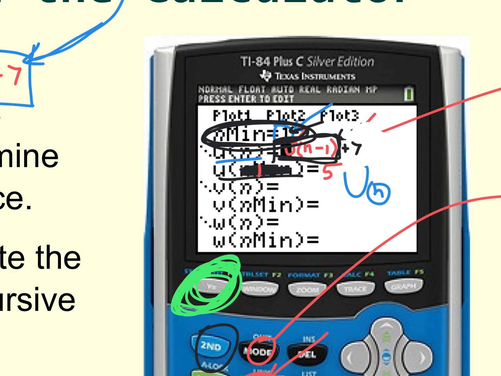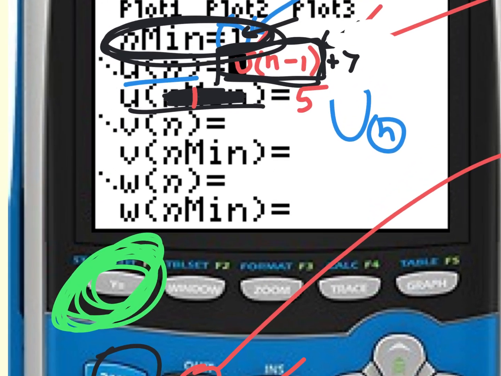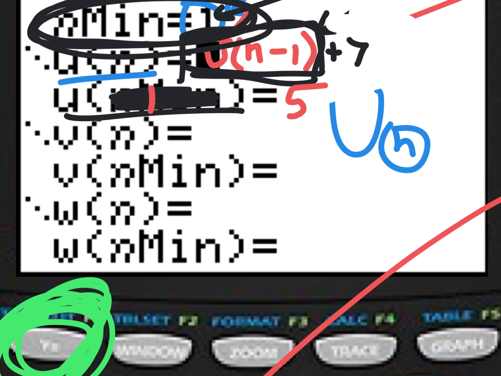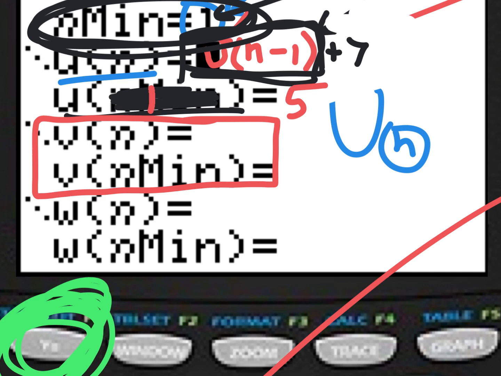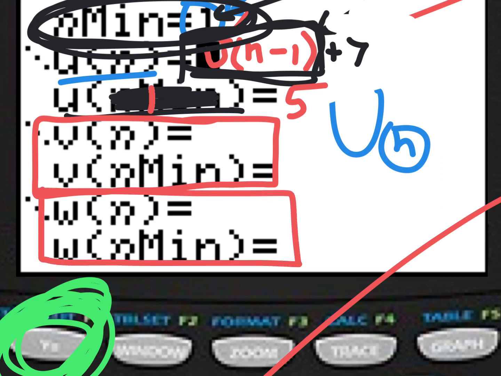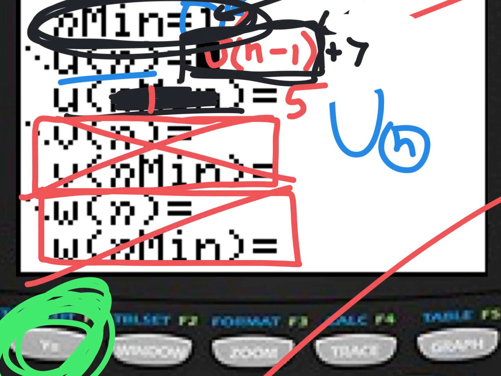All right. Now, this is important to understand. This is where you could put in a whole other sequence. You'd call it, instead of U sub whatever, V sub. Don't worry, I don't think we're ever going to use that. This is where you could put in a third sequence, W sub n and W sub 1. You are not going to use these.